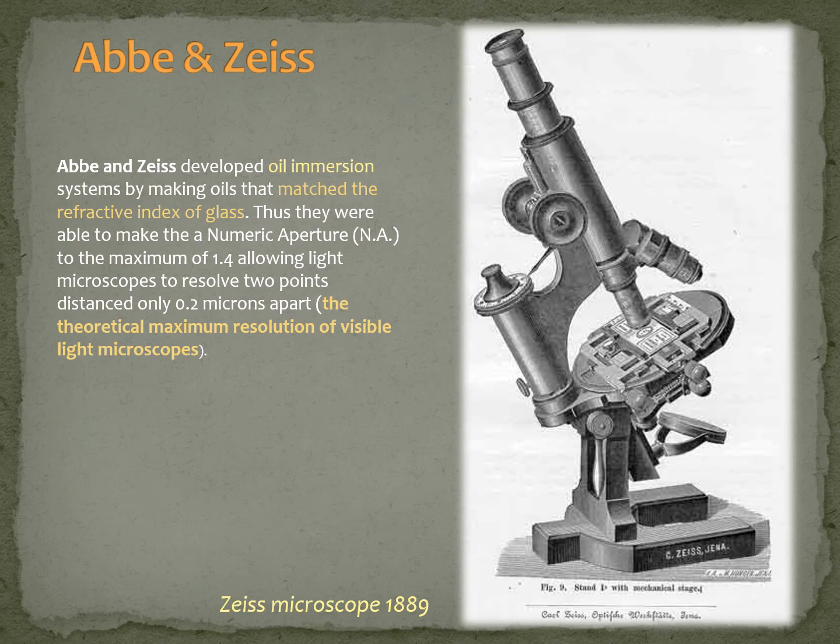And with such a system, the first Zeiss microscopes, almost 150 years ago, with lenses with a maximum of 1.4 numerical aperture, the system would allow us to resolve 2 points that were just 0.2 microns apart, which is, according to Abbe's law, the maximum theoretical resolution of a visible light microscope.